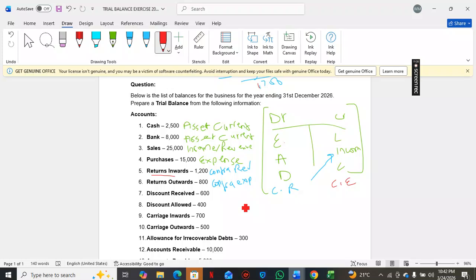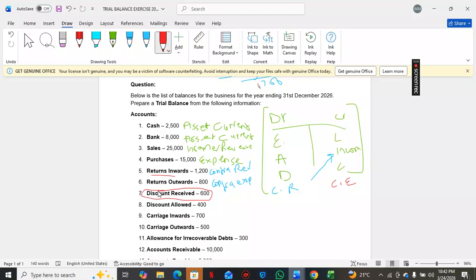Also, discount received can also be looked at as a contra expense, okay? Because that discount has lowered your purchases expense. So there are two ways you can look at it. That's why in the trading account, hear this clearly, if you want, you can subtract discount received from purchases. That's why you're treating it as a contra expense.